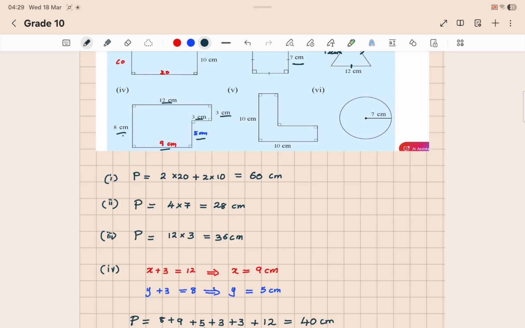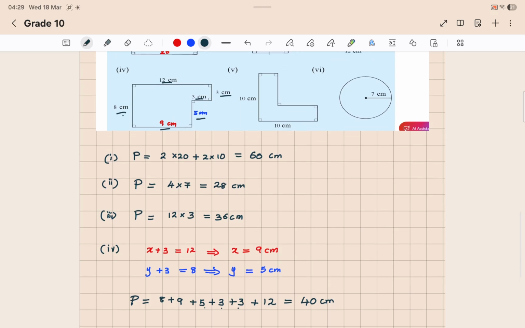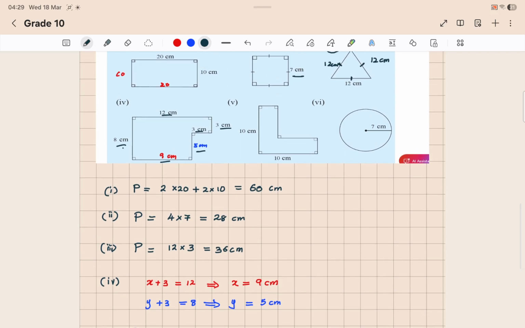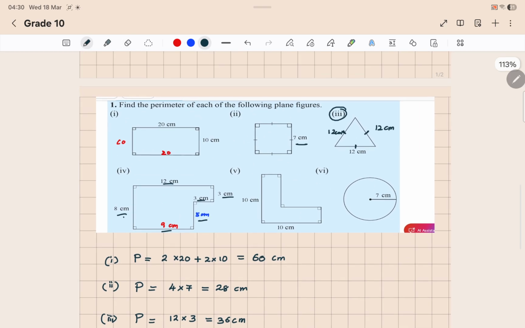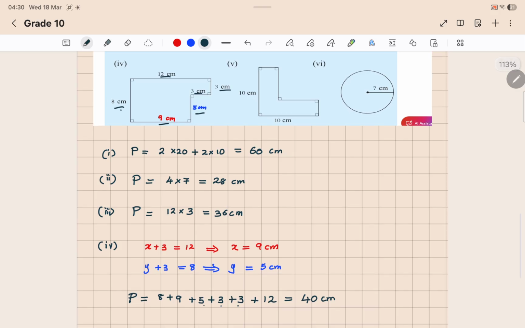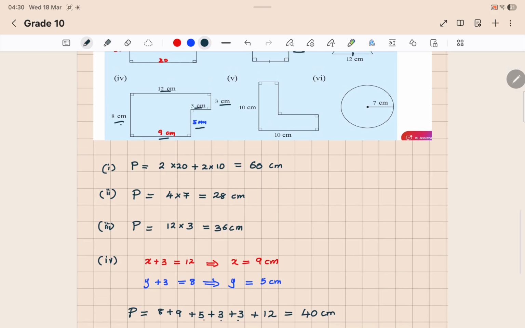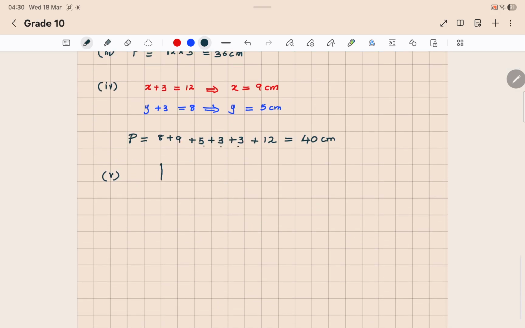Right, this one is a little bit tricky but not that hard. Take this length as x, this length as y. Wait, no, let me take them as x1 and x2. Let me draw this here to make it more clear.